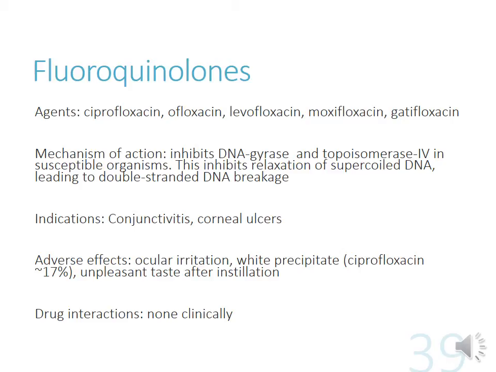These are going to work, again, with another mechanism of action we see here, which actually works on the DNA itself by inhibiting two different enzymes. And so you'll see DNA gyrase and topoisomerase 4. By inhibiting the bacterial-specific ones, what we end up seeing is you have these enzymes that are responsible for relaxing the superhelical structure of the DNA and responsible for some of the strand breaks that occur in order to help open it up and allow for the transcription to occur.